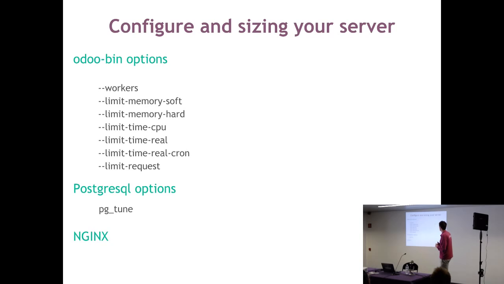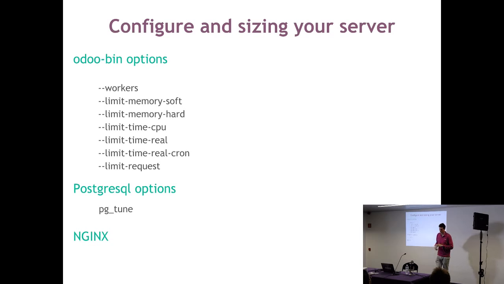The soft limit is when you reach an amount of memory, after your action, the worker will die. And the hard limit is you don't wait until you finish your request, the worker dies directly. You have some other information about the CPU time and the real time.